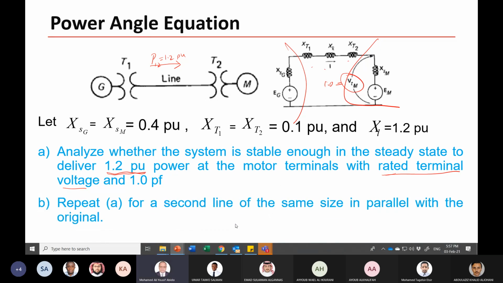Part B: repeat with a second line of the same size in parallel with the original. Assume that you have an additional transmission line here. Can you reconsider the case and evaluate whether the system would be stable or not? Before starting, what do you think for part B?